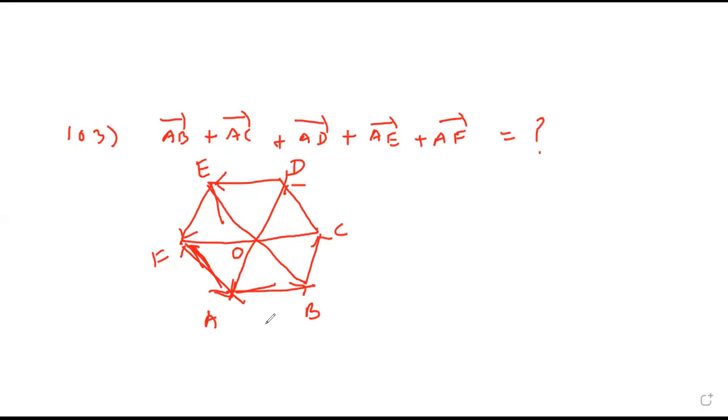This is AB. This AB plus AF, can I say it is AO?